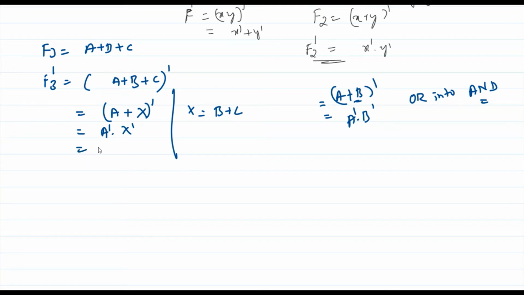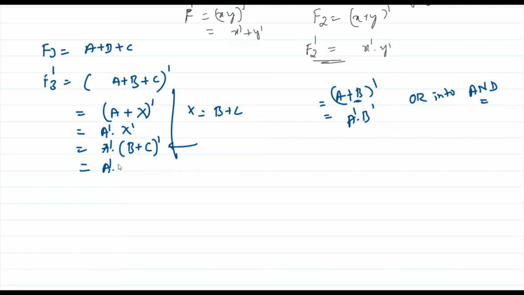Now, as usual, you can simplify this. A prime is as usual. X prime means what? Here b plus c. So I can write x prime as (b plus c) whole complement. Am I right? Now you apply De Morgan's theorem for this step, that is (b plus c) whole prime.